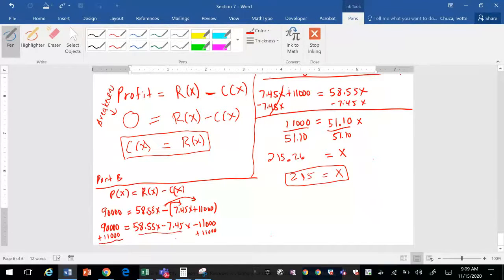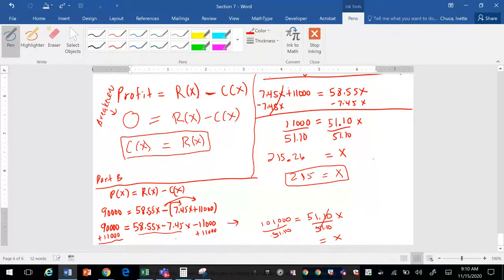And we're going to subtract these, so 58.55 minus 7.45 is 51.10. If we add these, we get 101,000 divided by 51.10.